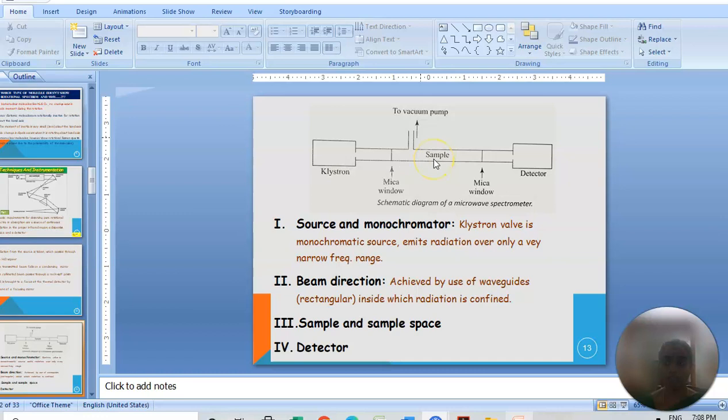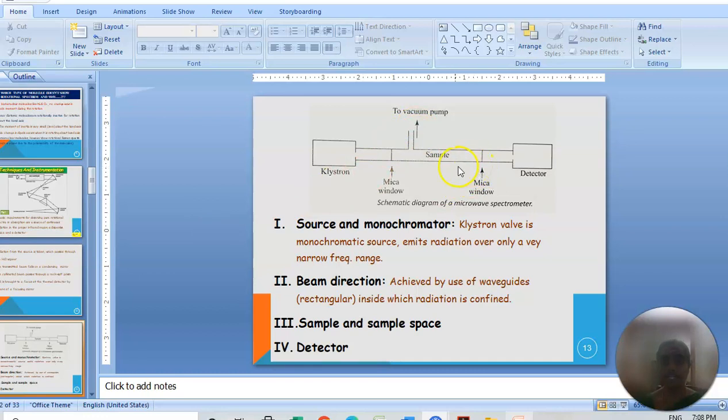Before the experiment starts, the area should be evacuated, because if pressure is present inside the chamber, the molecules are disturbed. So it should be controlled, and for this we need a vacuum.